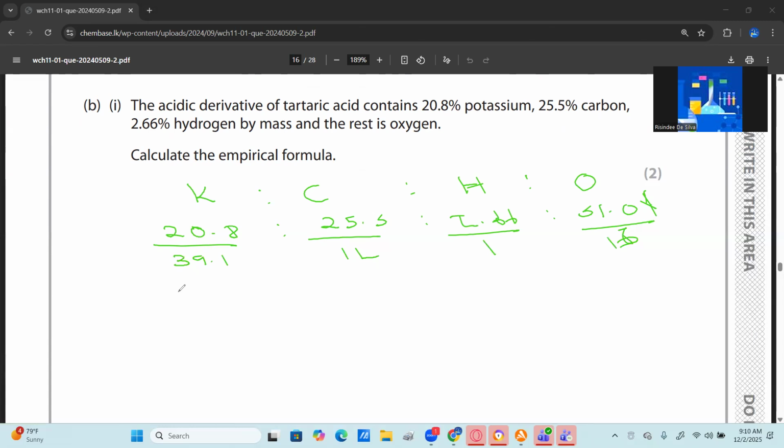Then take the smallest number. The smallest one is 0.532. So you divide everything by 0.532. Then you get under potassium 1, carbon 4, hydrogen 5, and oxygen 6.